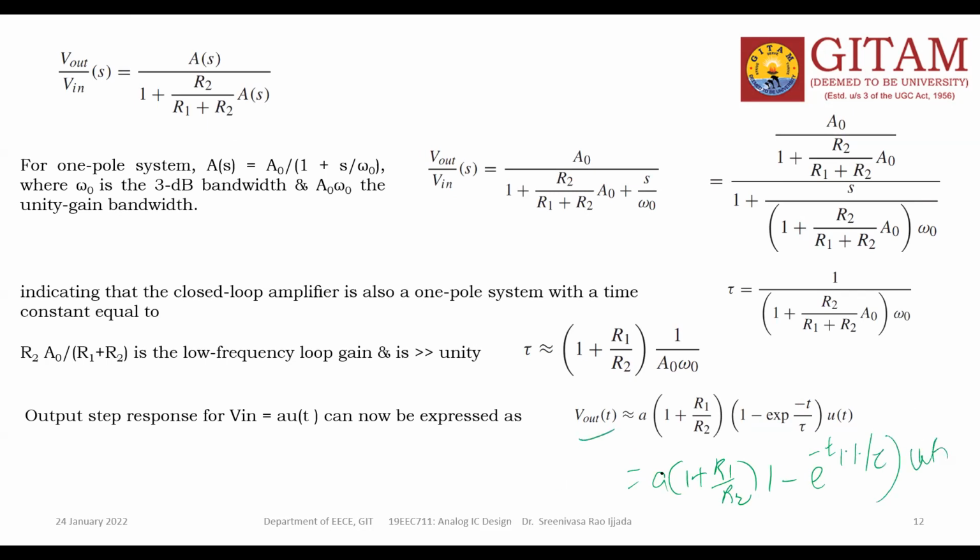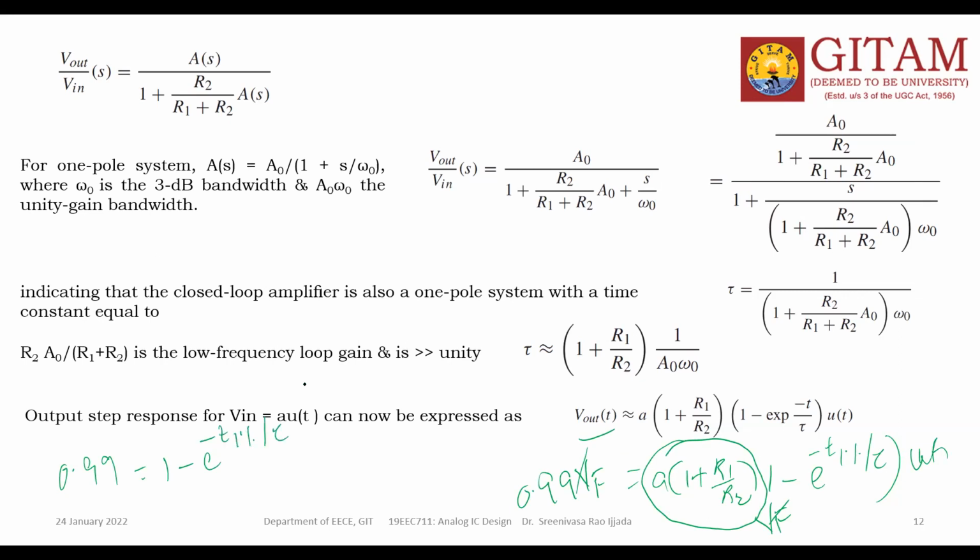The output value is 0.99 VF, and the final value is VF. Then VF cancels, and what remains is 0.99 equals 1 minus e power minus t 1% by tau.